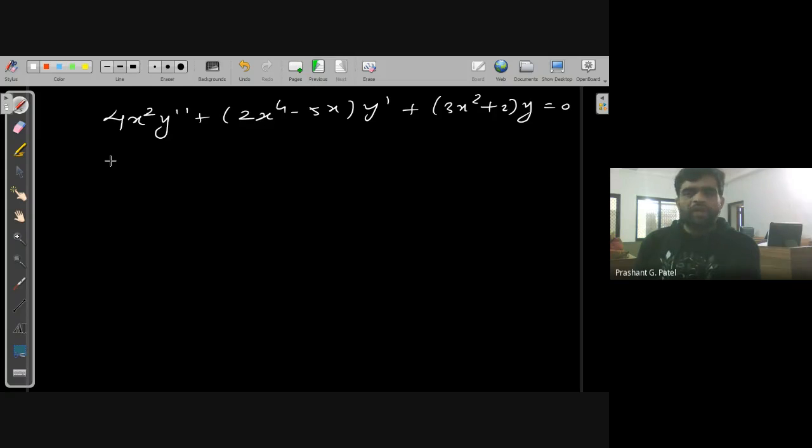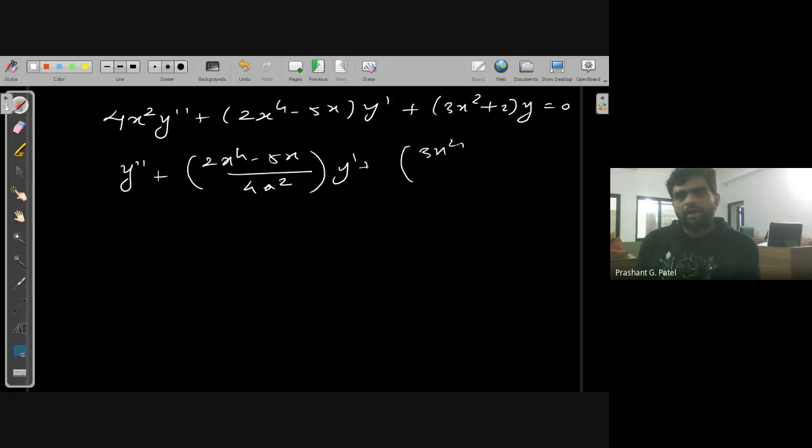Now I am not writing all the things in detail; we'll just complete it in short. This equation can be written in this form by dividing both sides by 4x square.